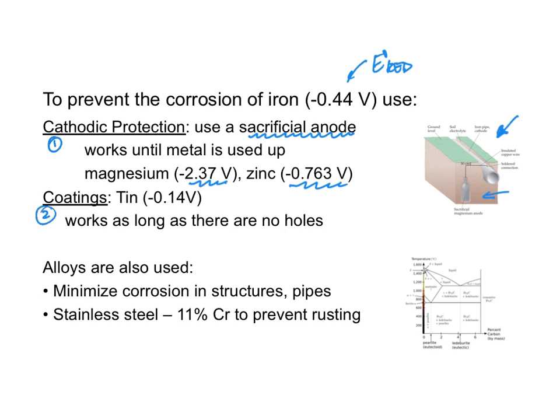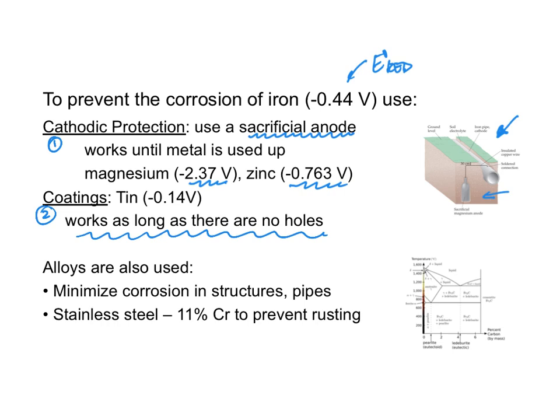The second is you can put a coating on there. Notice tin has a more positive reduction potential, and to be honest, it doesn't go by the same mechanism, but it will work as long as there are no holes.